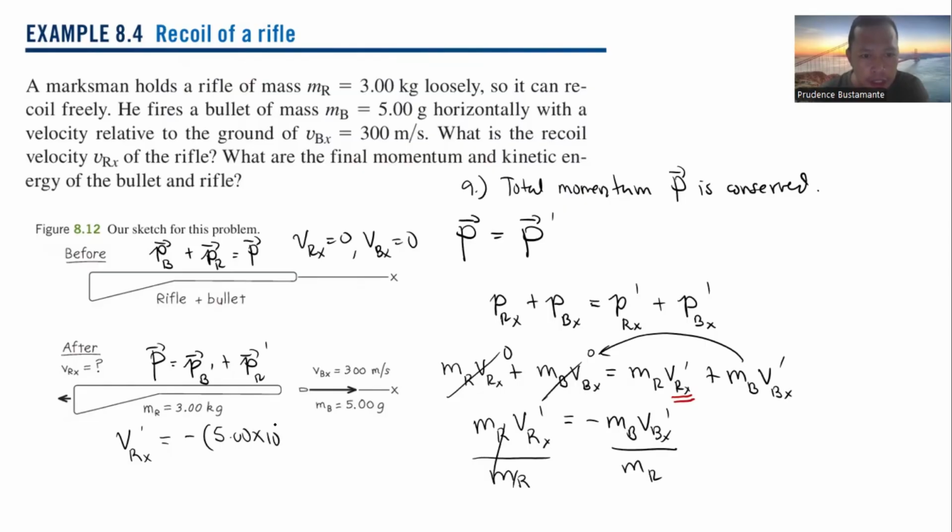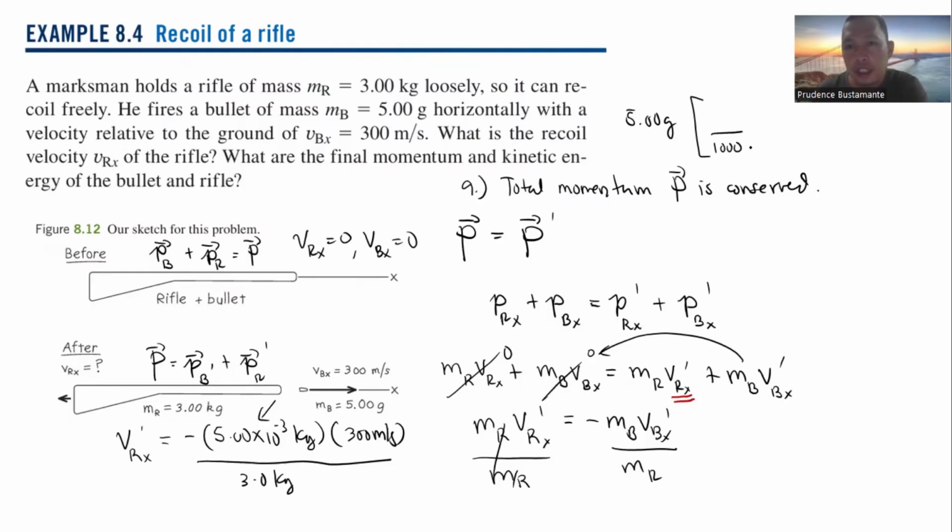5.0 times 10 to the negative 3 kilograms times the final velocity of the bullet over 3.0 kilograms. So how did it come like this? Okay, so take note that the bullet is 5.0 grams. So take note that in 1,000 grams, there's 1 kilogram.